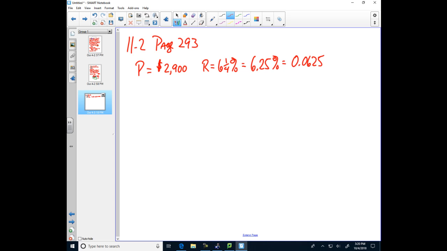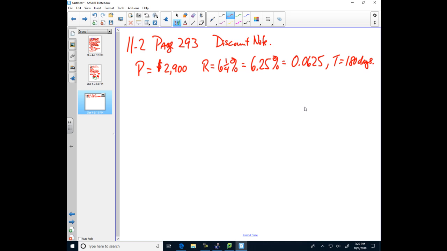Put that added step in there because it makes more sense to me. And our time is... now keep in mind this is a discount note.